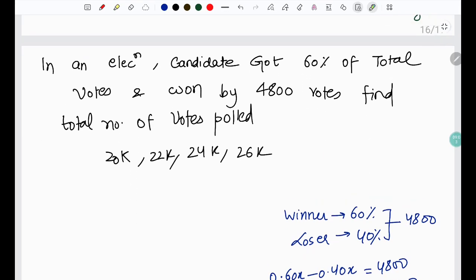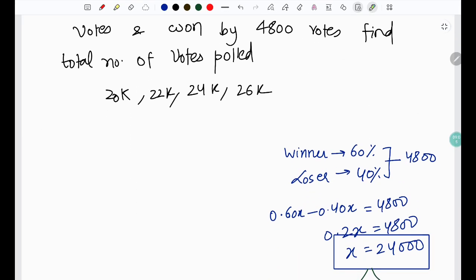So what we'll be doing is we'll simply subtract the loser's share of 40% of x from the winner's share of 60% of x, and that difference is 4800. We will equate it to 4800 and the answer will come out to 24,000.